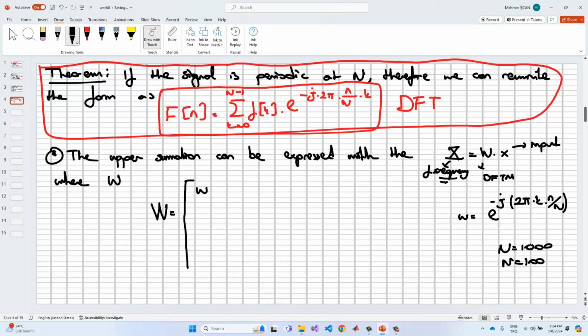For example, if you have 100 data, you must create a 100 times 100 matrix. Or if you have 10,000 data, you must create a 10,000 times 10,000 dimension matrix here.